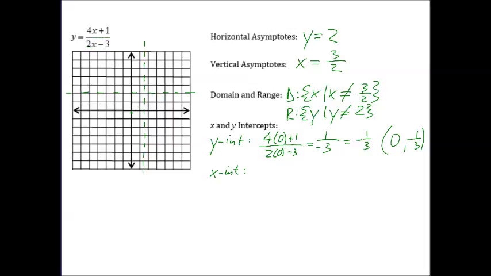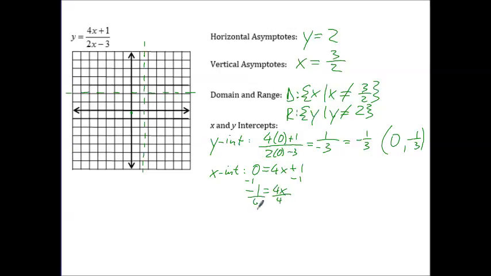So for the x-intercept, we really only have to look at the numerator. Remember, we said our denominator is not allowed to be 0 anyway. So for the x-intercept, y will be 0 when the numerator turns to 0. So 0 is equal to 4x plus 1. Subtract 1 from both sides. We get negative 1 is equal to 4x.